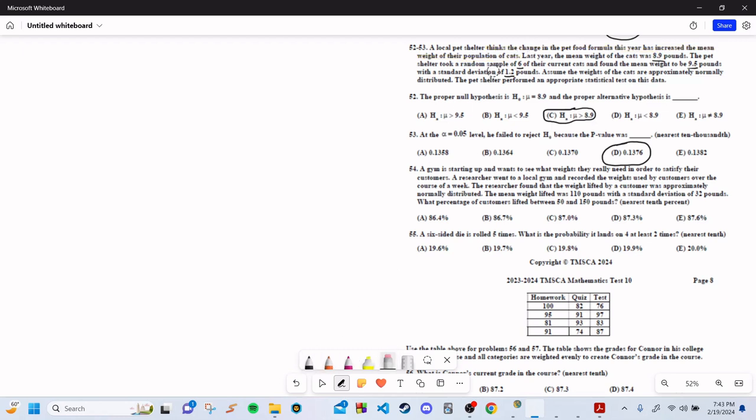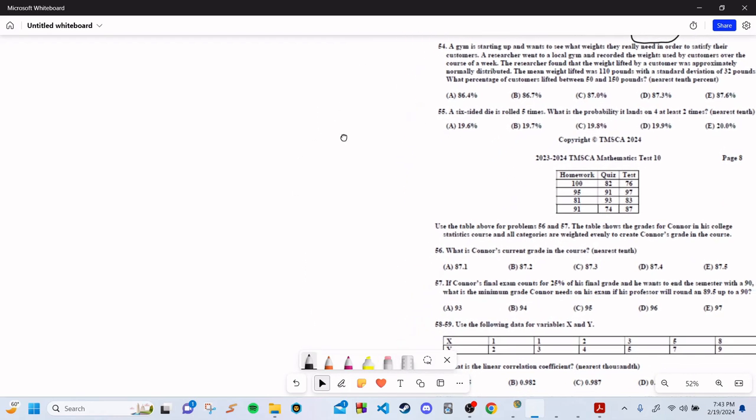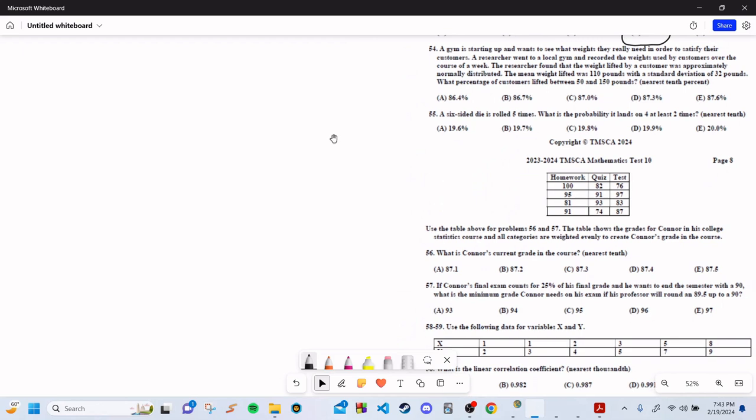And I'm going to clear this. Okay. So a gym is starting up and wants to see what weights they really need in order to satisfy their customers. A researcher went to a local gym and recorded the weights used by customers over the course of a week. The researcher found that the weight lifted by a customer was approximately normally distributed.